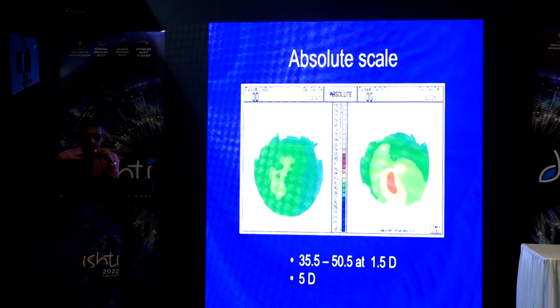I'll be just touching upon it. But I think it's very important to realize that for these color codes, there are certain gradations. Say between 35.5 to 50.5, you have a variation of color only at every 1.5 diopters. So if it's a small variation and it's only 1 diopter astigmatism, you may not see much of a color change. Beyond that, you have a color change occurring in every 5 diopters.